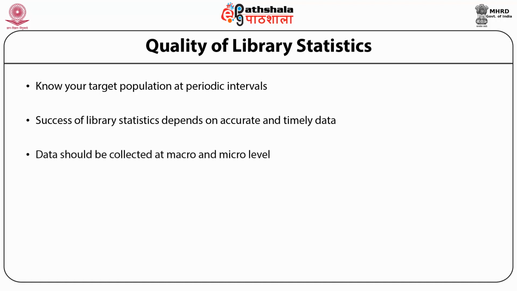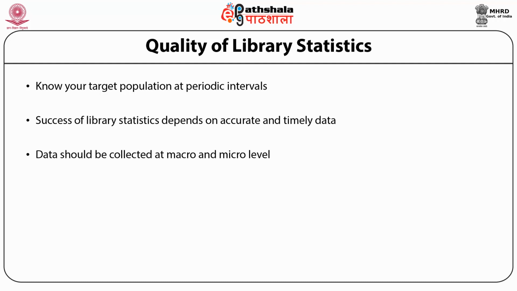Data should be collected at macro and micro level. This means at the macro level, you have probably put a counter at the gate, or your guard may be making an entry of how many people have entered the library. So that gives you the number of visitors in the library. That I call macro data.